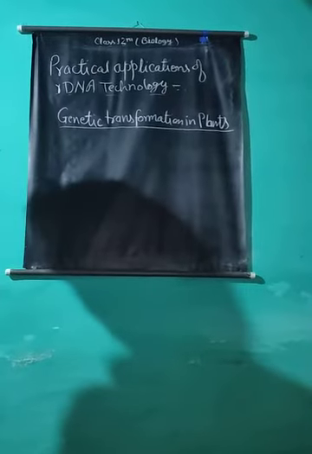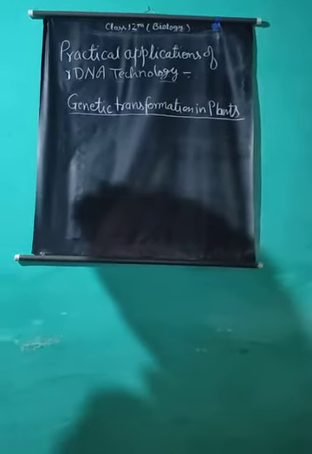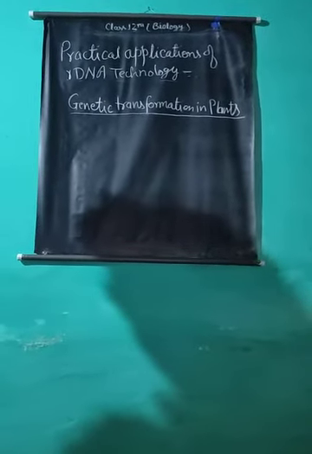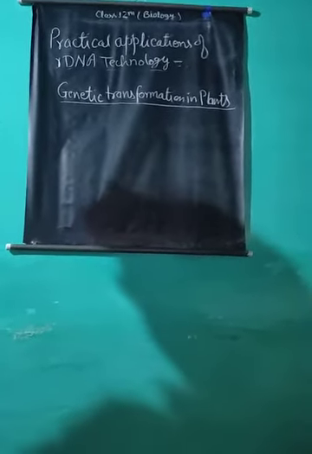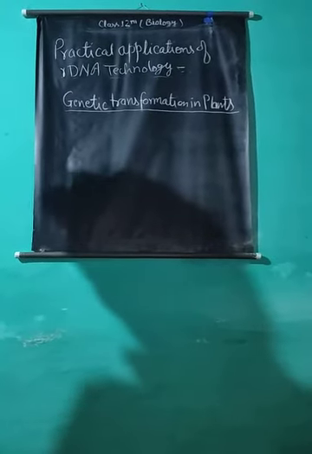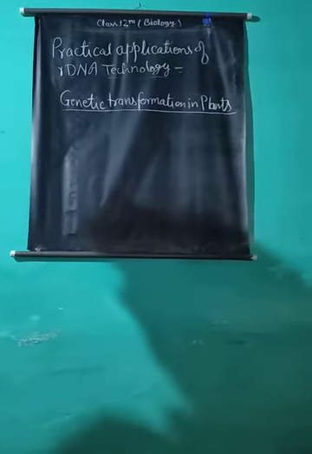After the discovery of the Ti plasmid of Agrobacterium tumefaciens, it became possible to transform plants genetically. This bacterium is called a natural genetic engineer. It is able to infect plants like tomato, mustard, sunflower, and soybean.